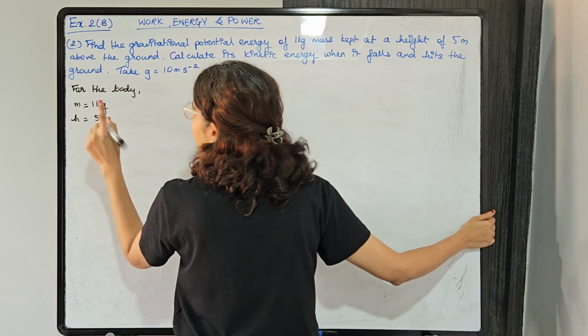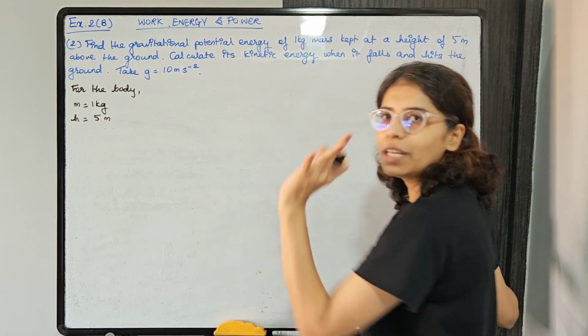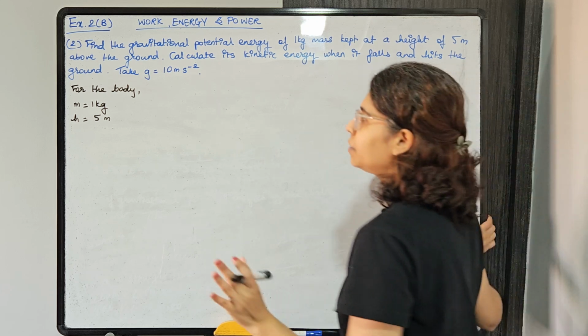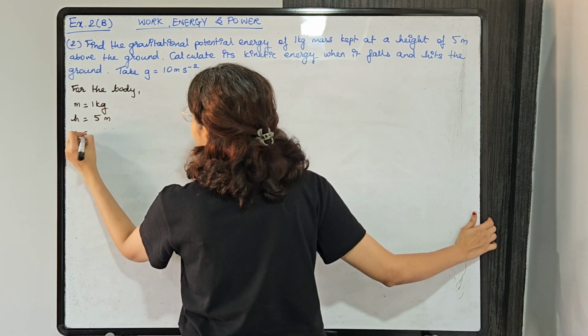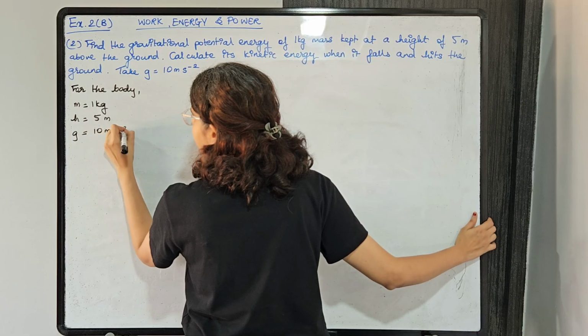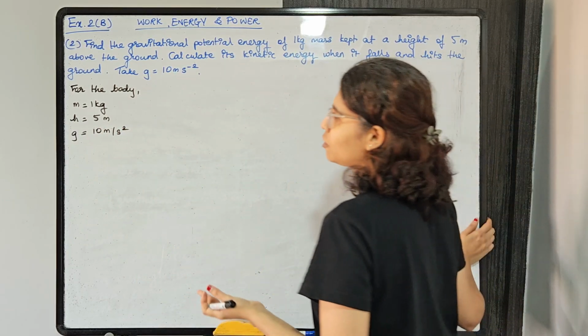Check, everything should be in SI units, or all should be in CGS units. So it is SI, and here also SI units are given. So using the formula, let's find out the gravitational potential energy.